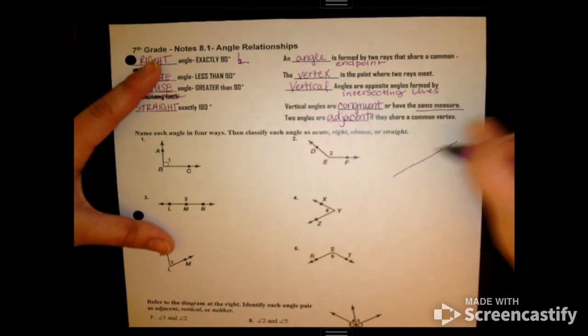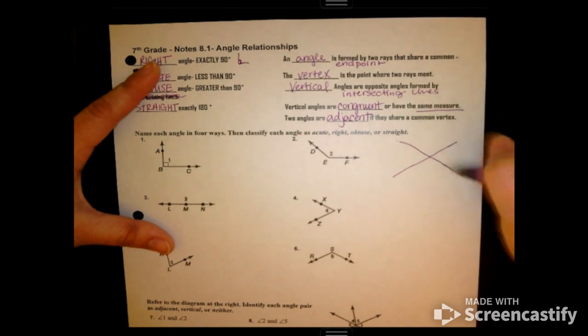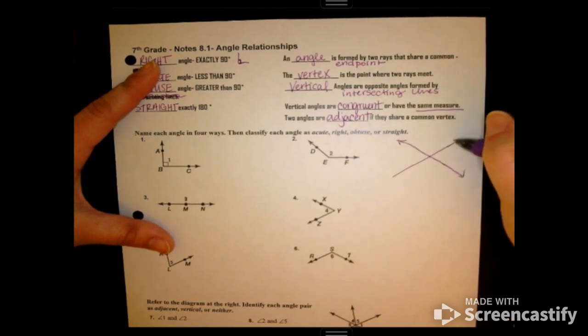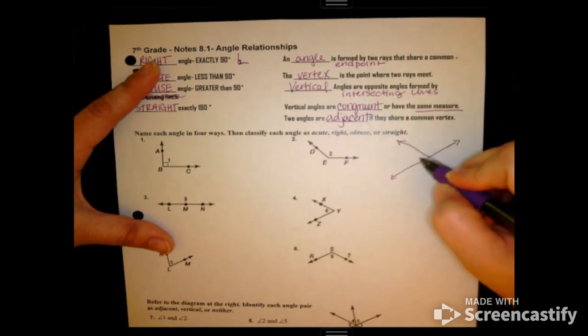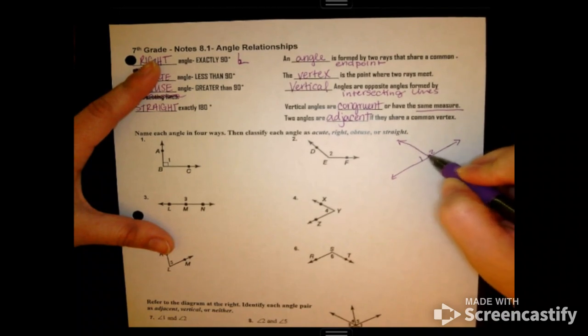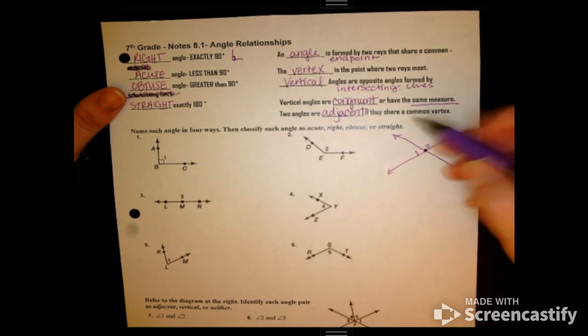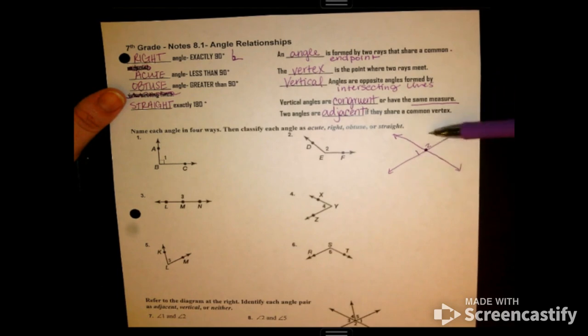So if I had these 2 lines right here, this angle and this angle, they share the ray and they share the point. So those would be adjacent, and they share the exact same vertex.